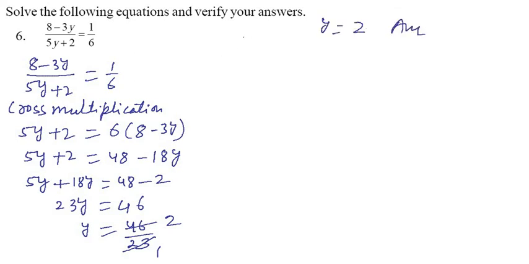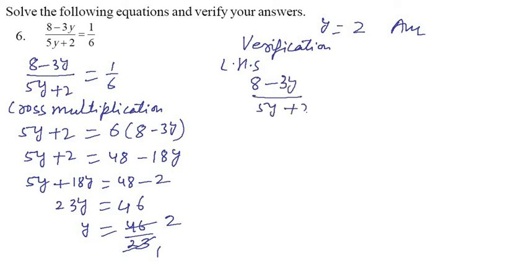Now verification. So how can we verify? Taking the left hand side of this equation, that is (8 minus 3y) upon (5y plus 2). Now put y equal to 2 in this. So 8 minus 3 into 2, and here is 5 into 2 plus 2.